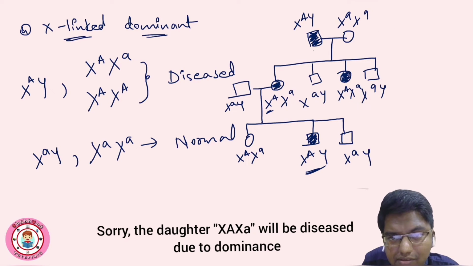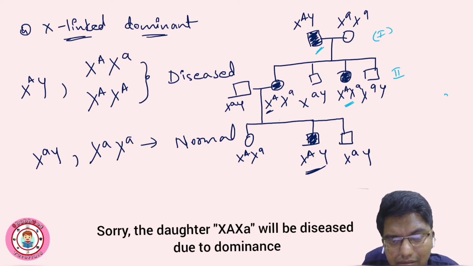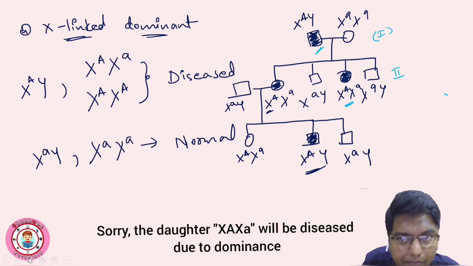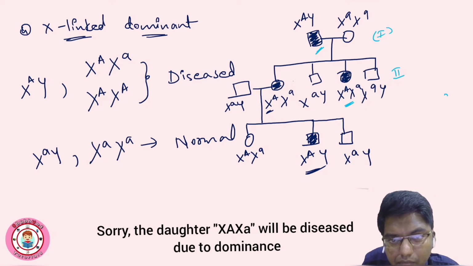So what we can see here is that this father is affected in generation 1, right? And father to sons no, father to daughters, sorry, crisscross inheritance, father to daughters. So this daughter as well as this daughter got affected, father to daughter, and then from this daughter it went to a son.